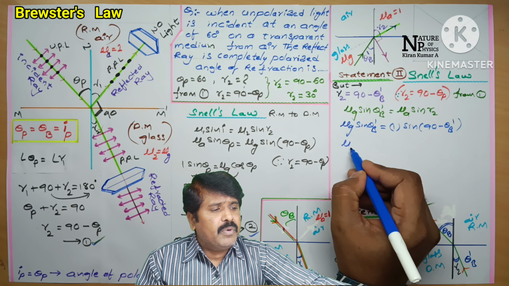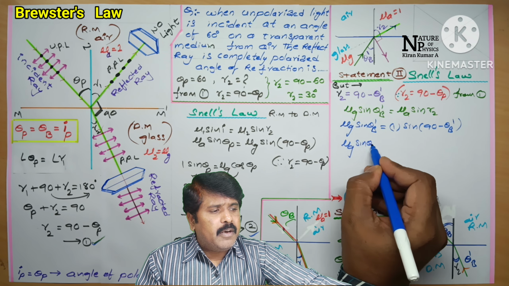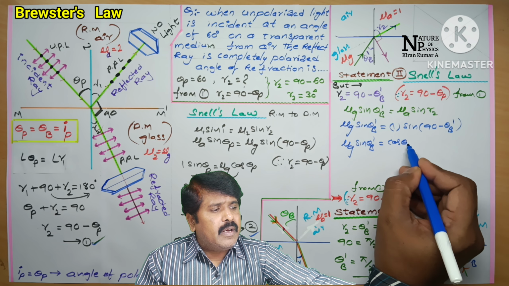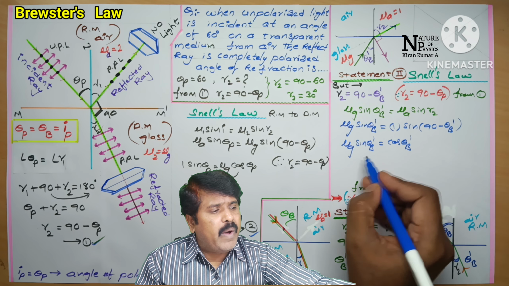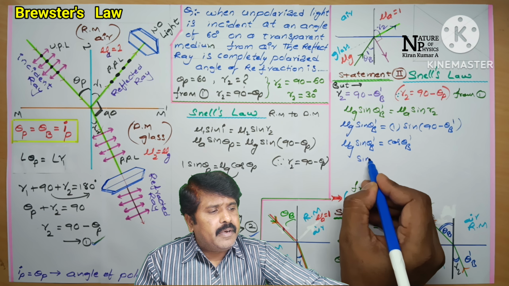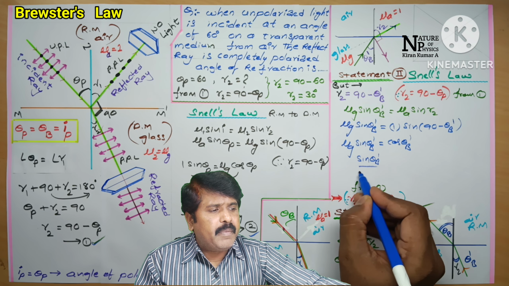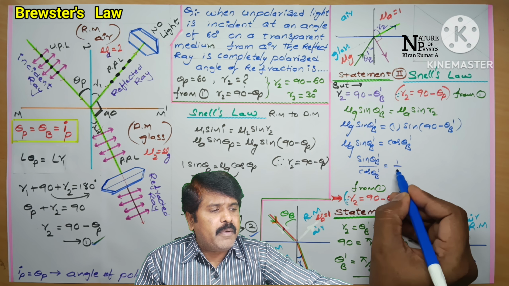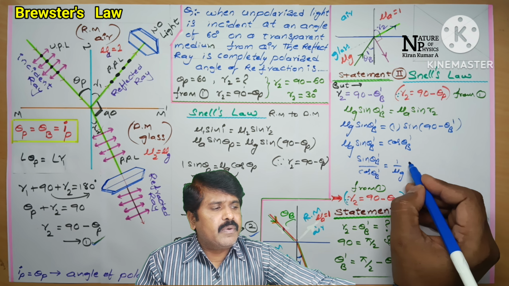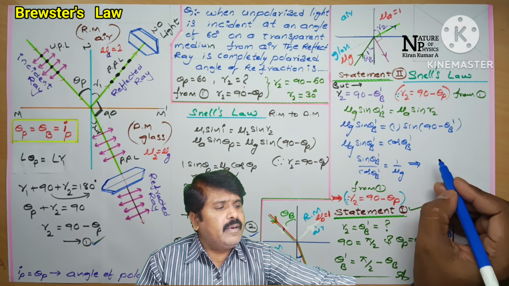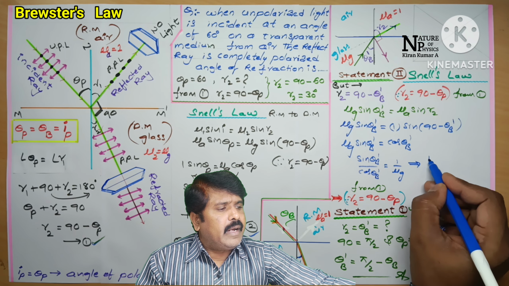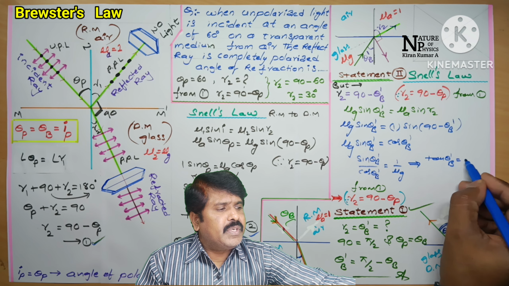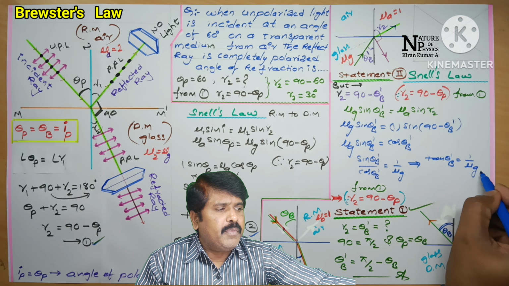And mu g sin theta b dash is equal to cos theta b dash, and then sin theta b dash divided by cos theta b dash is equal to 1 by mu g. So from this equation I can write tan theta b dash is equal to 1 by mu g.